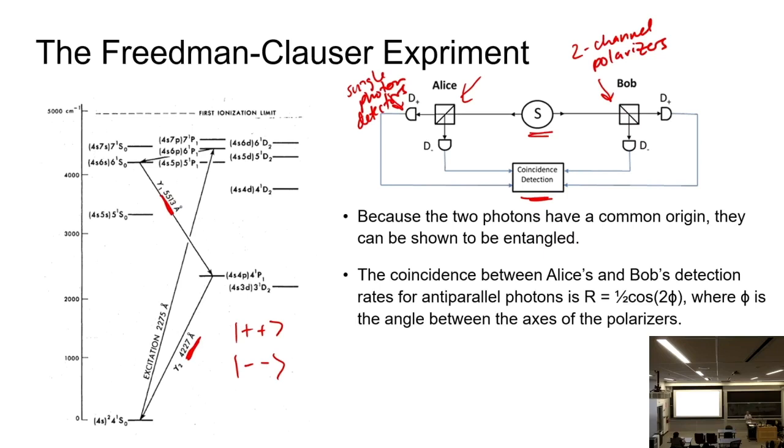The coincidence between Alice and Bob's detection rates for anti-parallel photons, we're not going to derive this, but we'll take it as true, is going to be equal to 1/2 cosine 2 phi, where phi is the angle between the axes of the two polarizers. Okay.